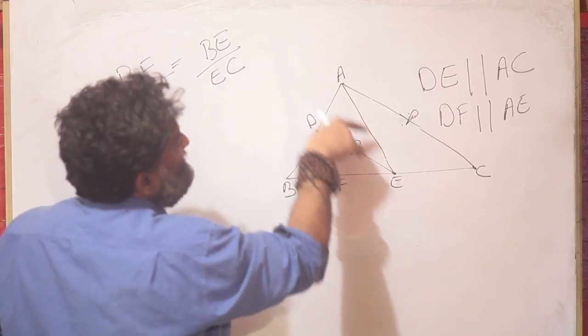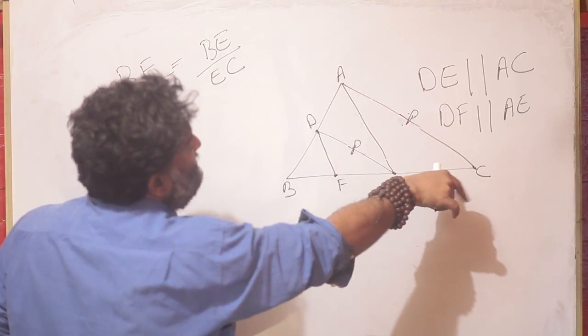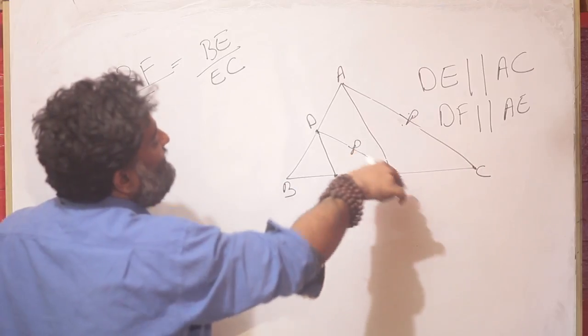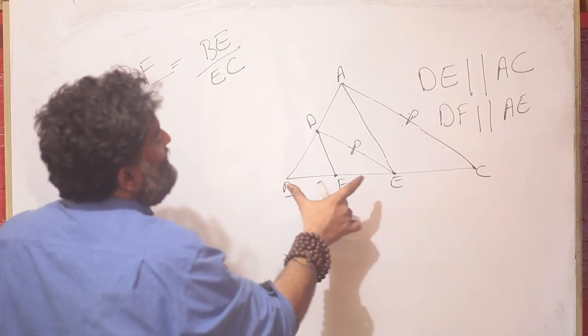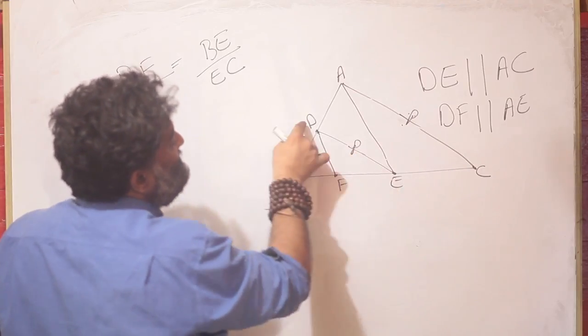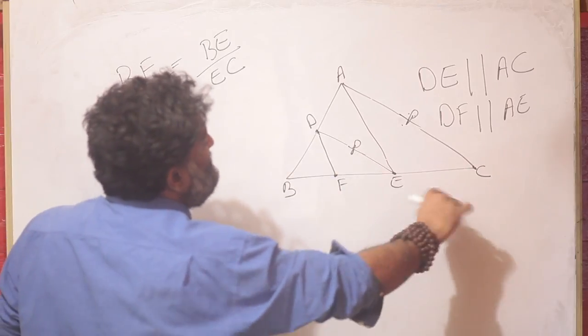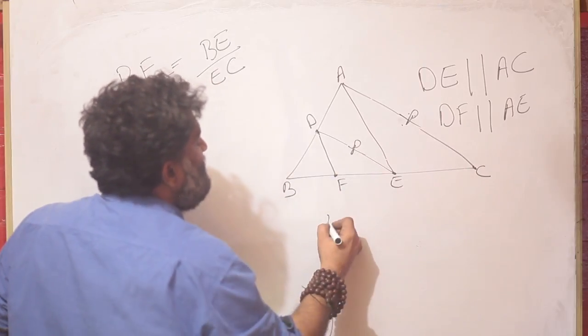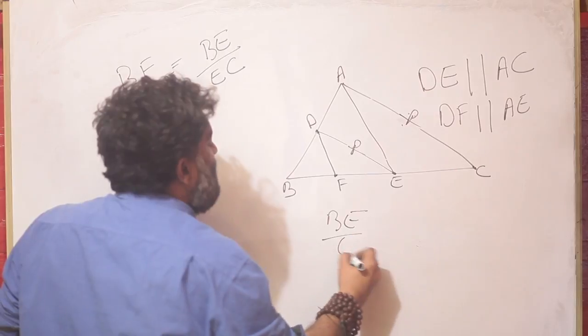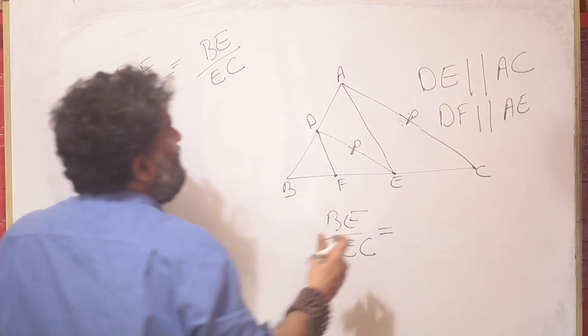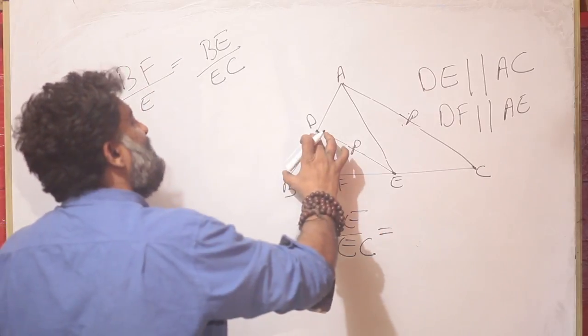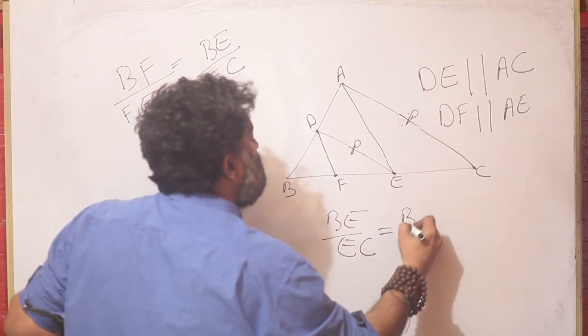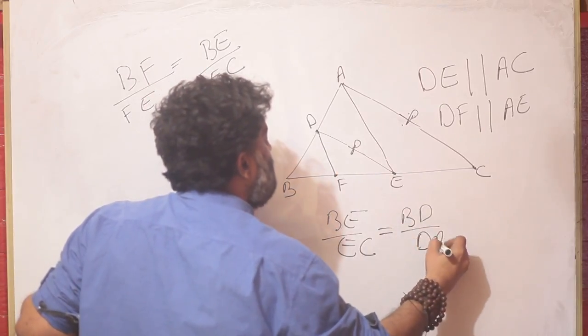That means DE is parallel to one side of the triangle. That means it is going to divide the other sides in the same ratio. That means BE, because DE is breaking this BC into BE and EC. That means BE upon EC is going to be equal to BD upon DA.